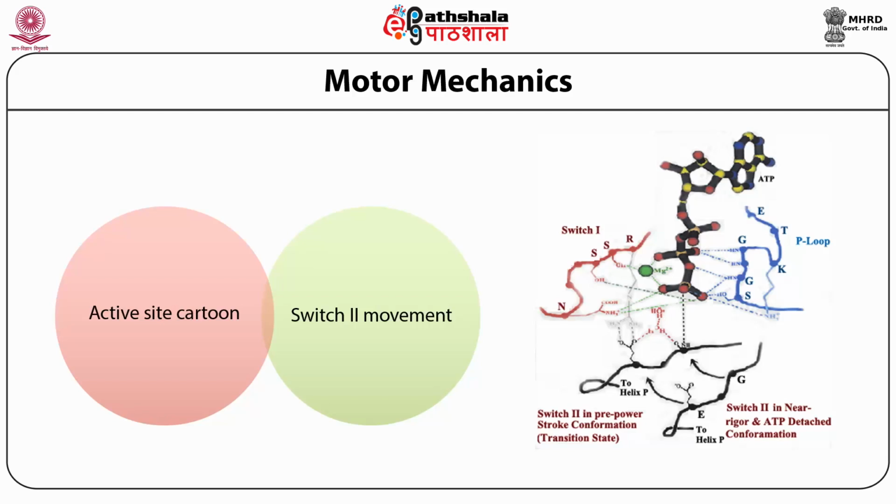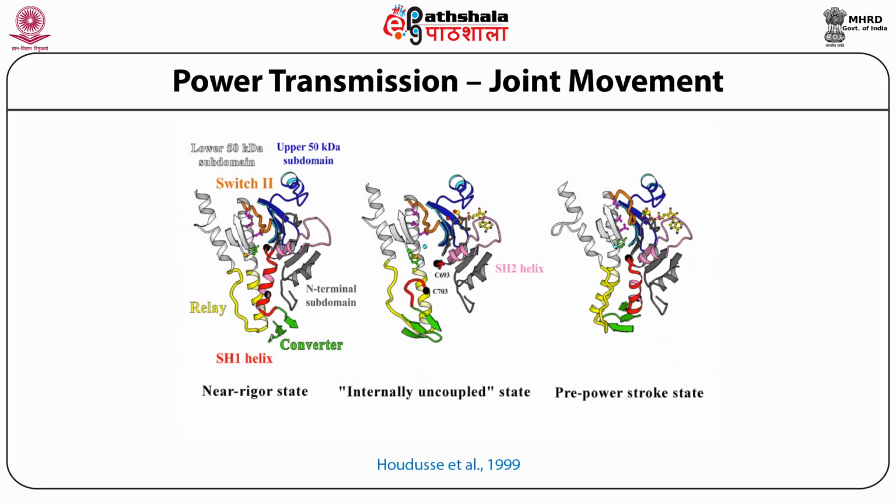But once the ATP is hydrolyzed, ADP Pi is formed, and the phosphate which has to move from ADP interacts with the switch 2, which causes the switch to move closer. And these small changes convert to the converter movement and large structural changes in the lever arm, which we have seen in the previous slide. Here from the nucleotide binding site, if you go further to the power transmission site, are joint movements.